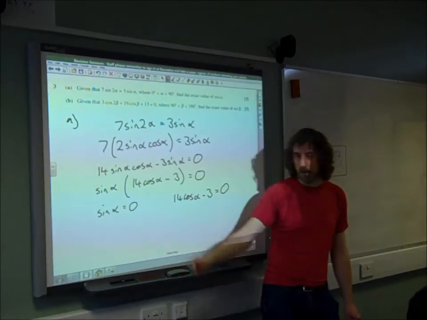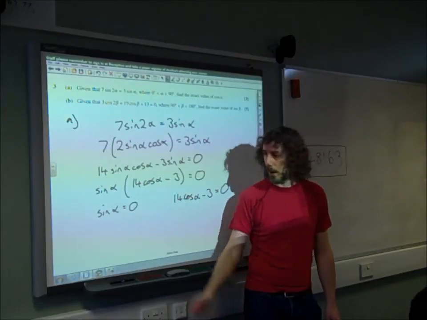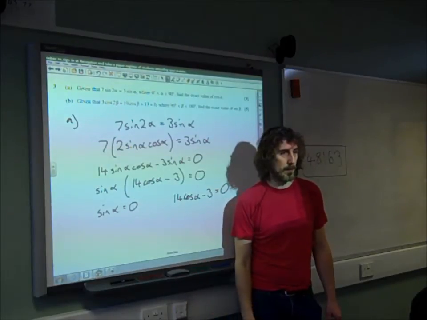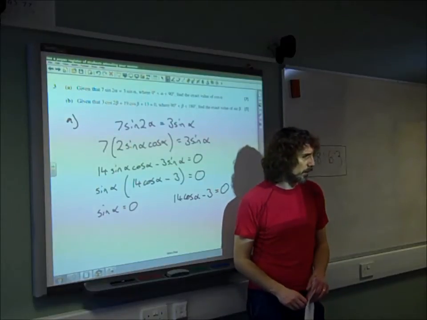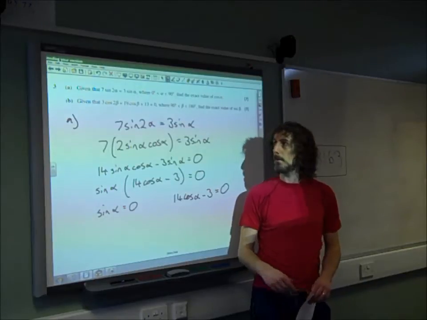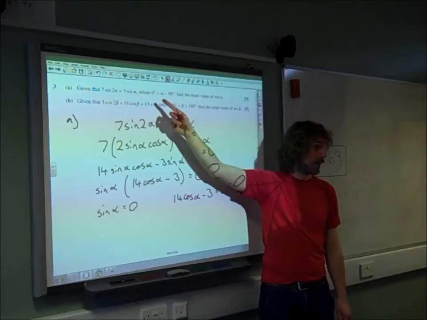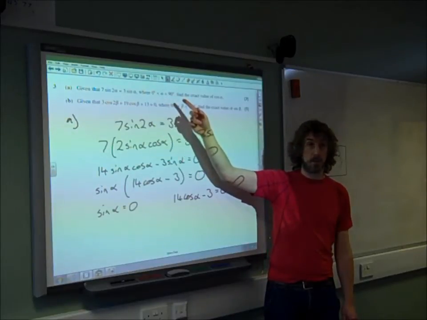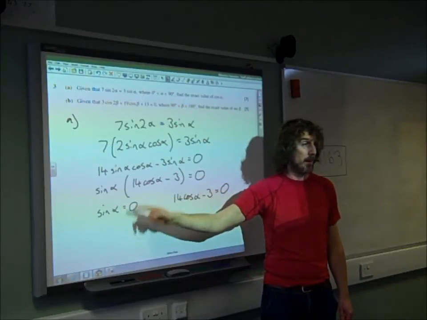And this one, there's an interesting little thing in this question, a little trap that has been set for you. Sine alpha equals 0. Well, that's great, isn't it? Sine alpha can equal 0 at lots of points. At 0, at 180, at 360. But look, we were told alpha was greater than 0 and less than 90. So in fact, in that range, there are no values of alpha that make sine alpha 0.